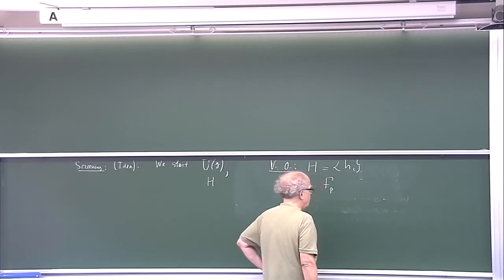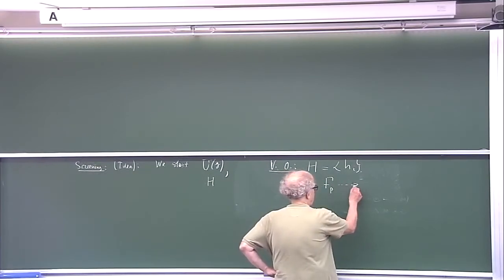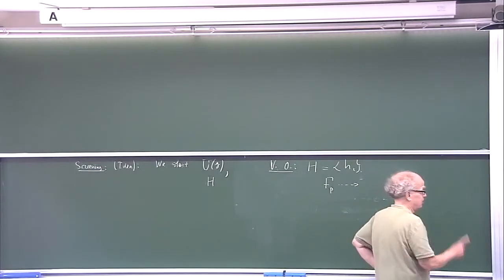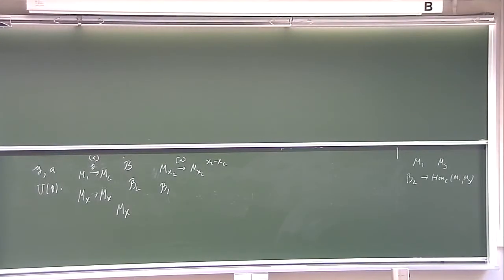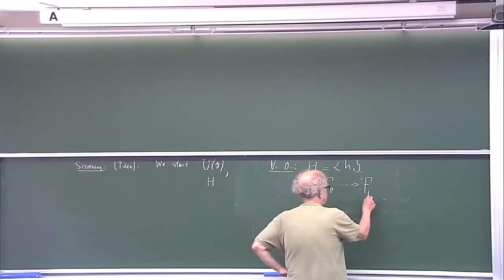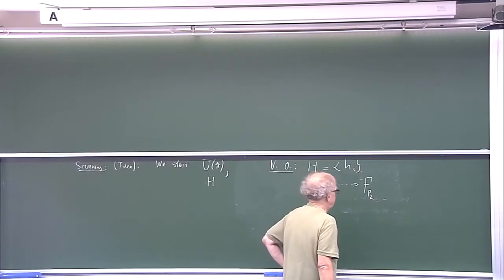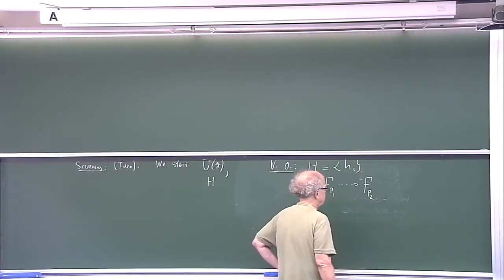Yes, and now we want, following this idea, to extend the morphisms. So before extension, we have P1 and P2. They are irreducible, no morphism if P1 isn't equal to P2.